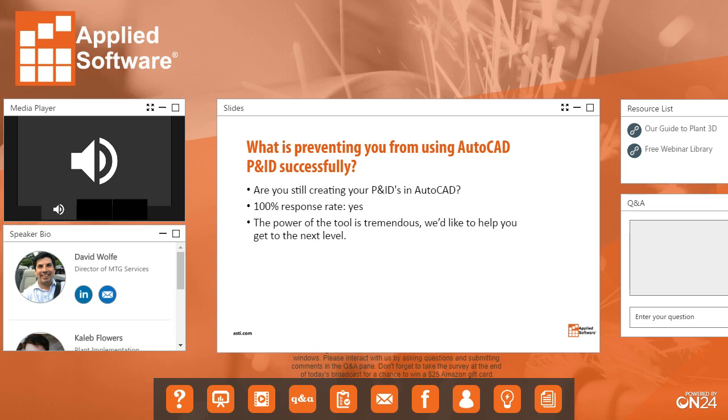There's a learning curve for sure, but there's a tremendous amount of benefit to be had. Unfortunately, I think the adoption level is still pretty low, and we'd like to figure out what we can do to improve that.